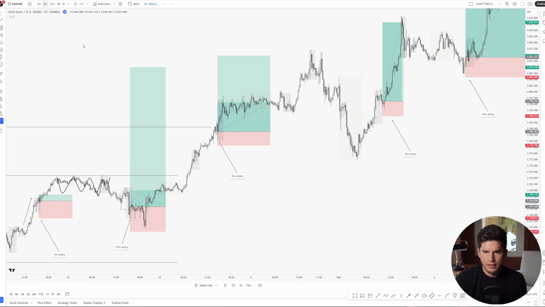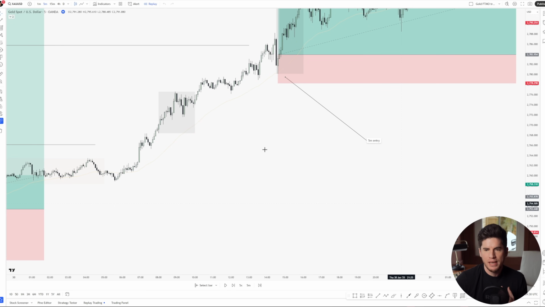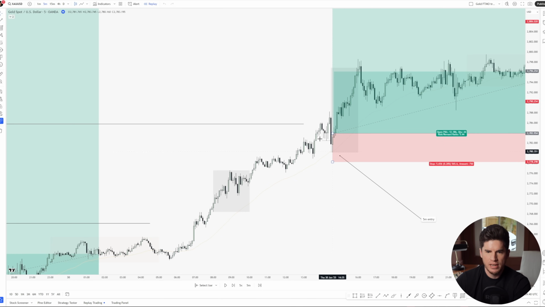Now let's come back and have a look at this entry on the 5-minute, because we don't get that liquidity sweep, of course, on the 15, and I'm anticipating the likeliness of price not developing a 15-minute liquidity sweep. You won't know. Everything we do in trading is anticipation, right?